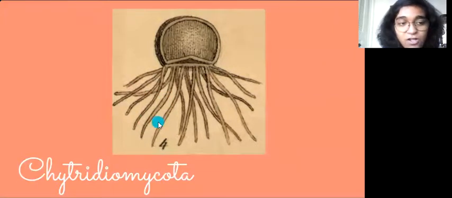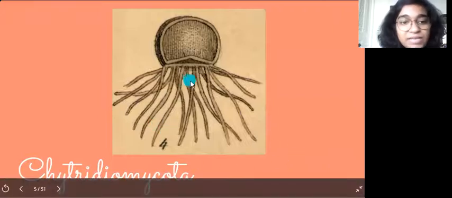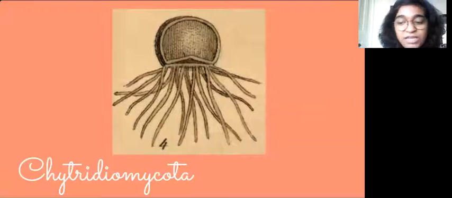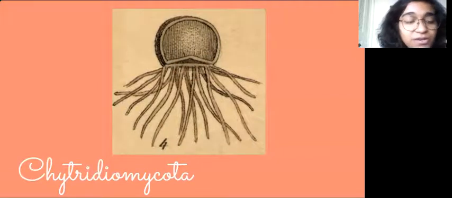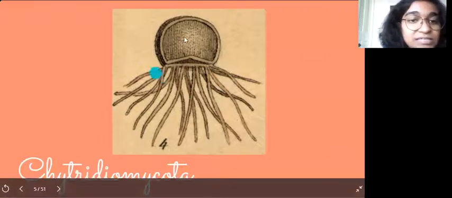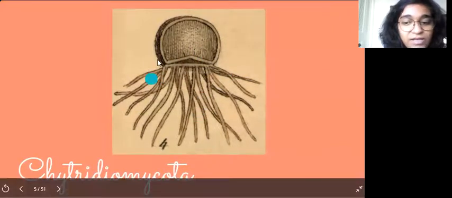These flagella help these aquatic fungi move in water. A chytrid fungus causes the potato wart disease or the black scab.